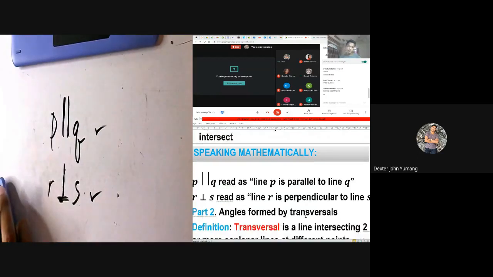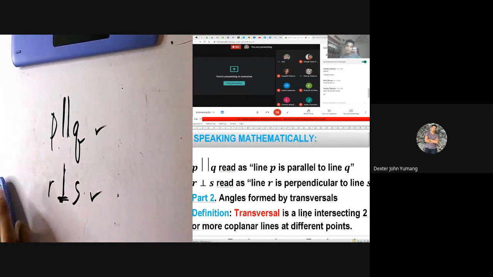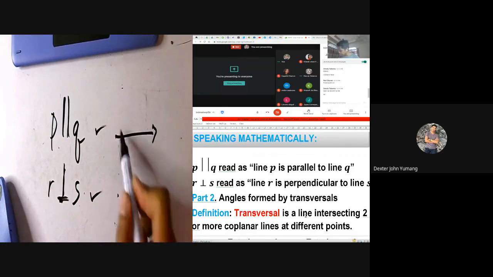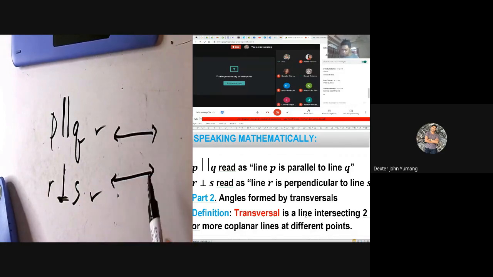Next. Angles formed by a transversal. Transversal is a line intersecting two or more coplanar lines at different points. Okay. Pag sinabi mong transversal line, di ba kanina meron tayong parallel line na tinatawag? Yung parallel lines, kahit anong extend mo, hindi sila magko-connect sa each other. Tulad nito, hindi sila mag-connect sa isa't isa. Kahit anong extend mo yan, ikot mo man ng buong mundo, hindi sila mag-cross sa isa't isa.